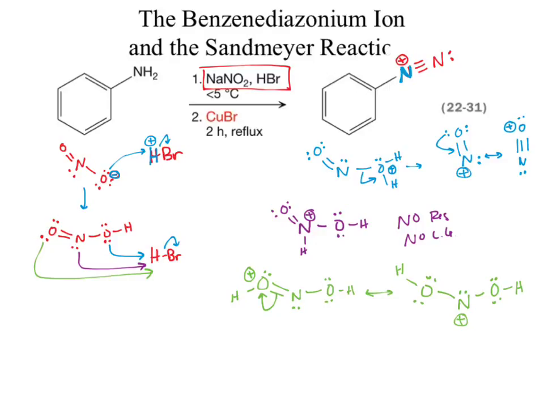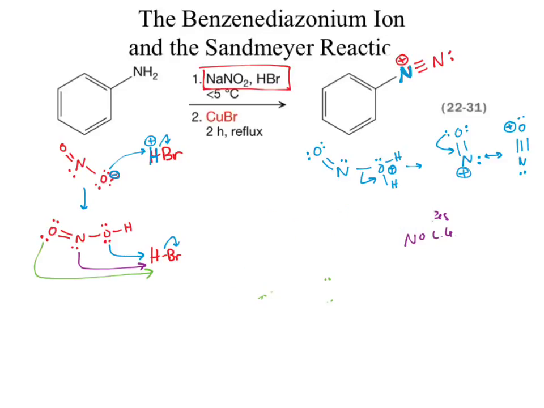The blue one, you might have gone through and said, well, I had a leaving group, maybe I need to start drawing that piece out and see where it could potentially lead. The green one, you might need to draw that one all the way out and again see that we really don't have any good options. The end result is that we now have that blue structure as our possible reaction.